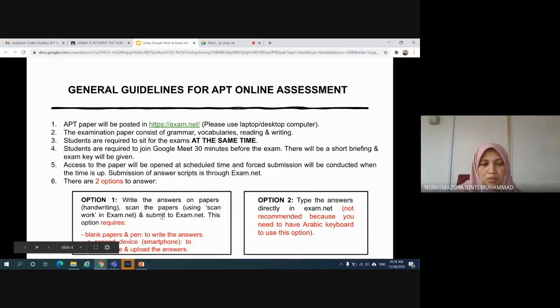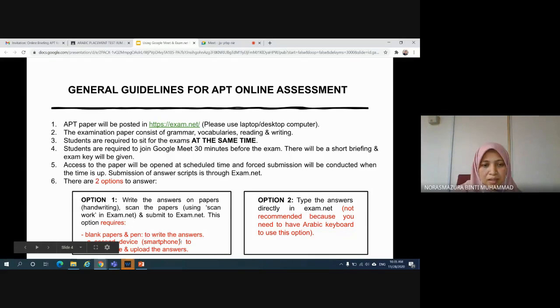Okay. So, for example, if part 1, you have to write Al-Qismul Awwal and then question number 1. So, what is your answer? No need to write the question. You only write the answer, but you must write clearly. Okay.